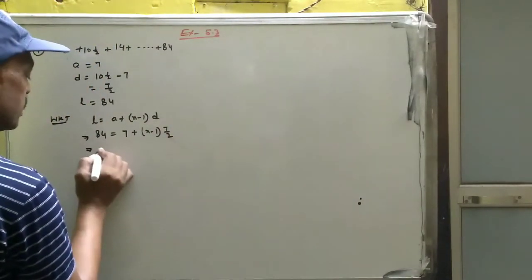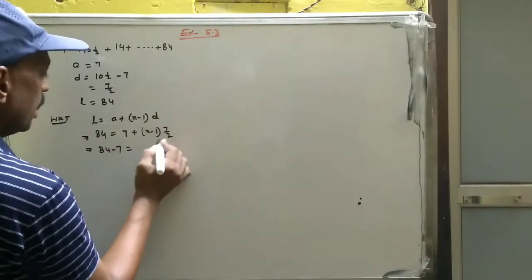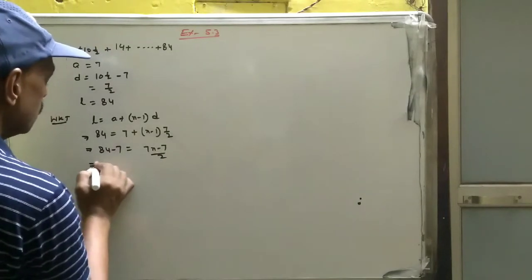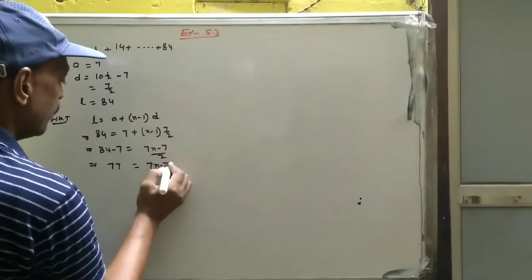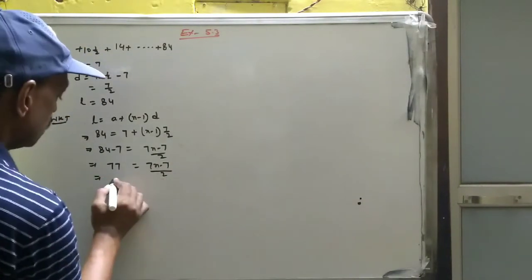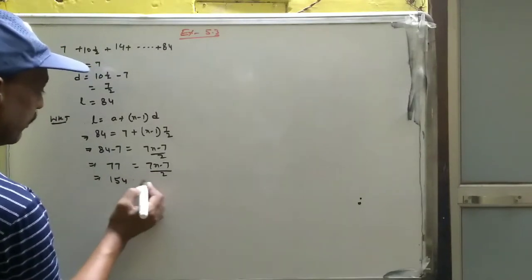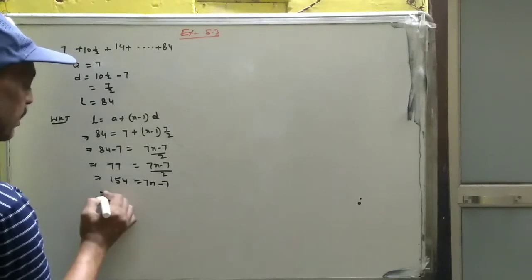This 7 will be transferred to this side. 84 minus 7 equal to 7 into n minus 1 upon 2. This is 77 equal to 7n minus 7 upon 2. Now the cross multiplication. So 77 into 2 will be 154 equal to 7n minus 7. Just transfer this 7.